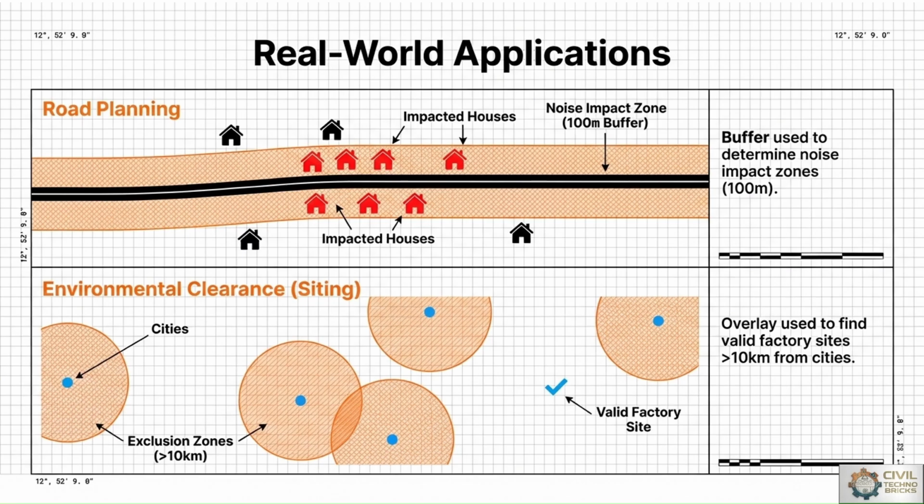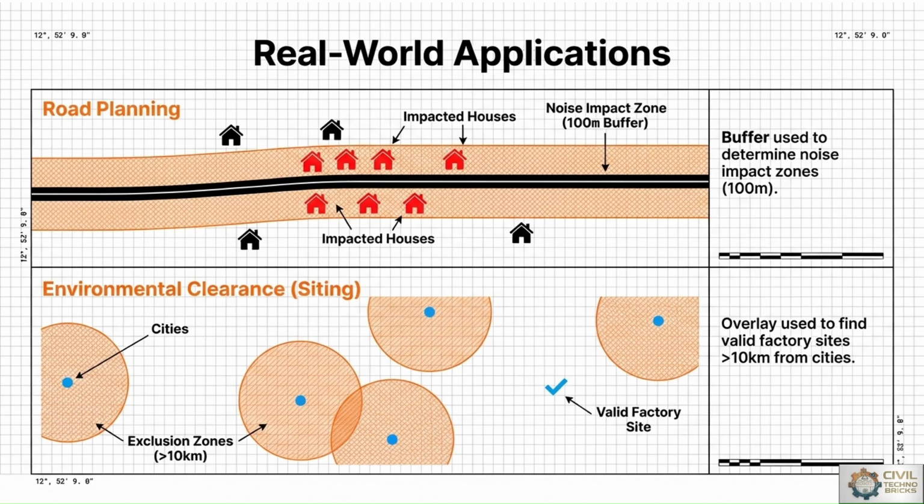A 100-meter buffer is taken, and the houses coming within 100 meters of the alignment are considered for the impact of noise created by the highway or the vehicles traveling through it. Buffer is used to determine the noise impact zones. Spatial analysis is what makes GIS a true engineering tool rather than just a drafting program.